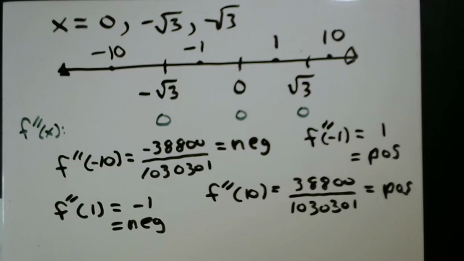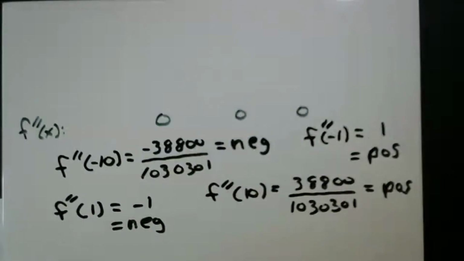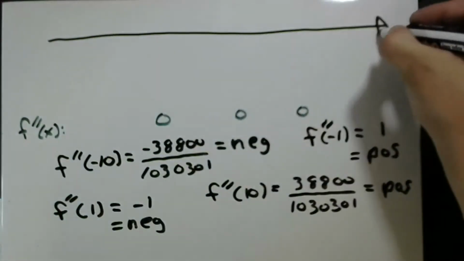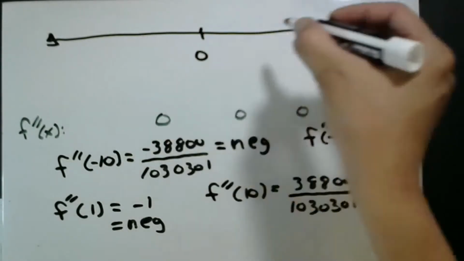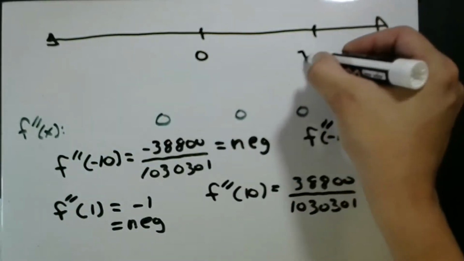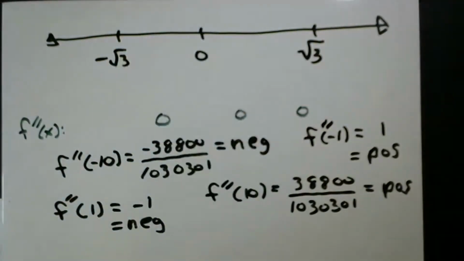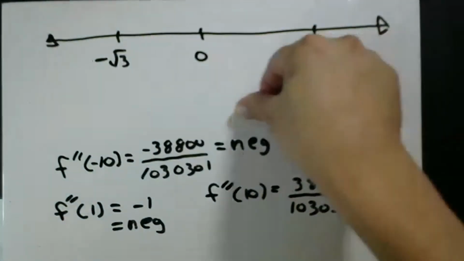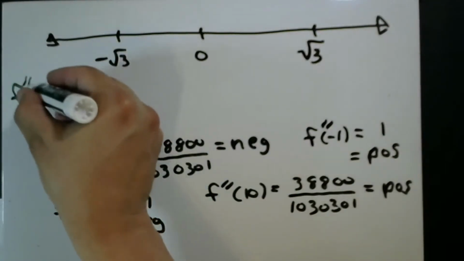So what is this going to tell us? Well, we're looking for concavities where the second derivative is 0, or where it was undefined. And in this case, we don't have any x values that make it undefined. So just using x values with 0, those are going to be transition points from one kind of concavity to another.